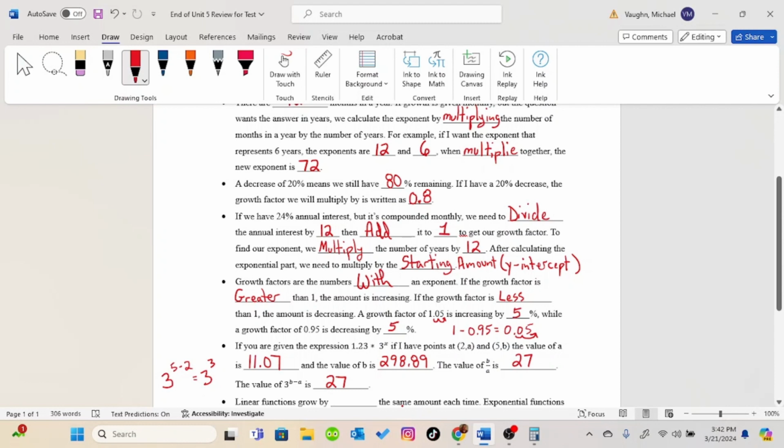So when I'm multiplying by the same starting amount, the ratio of the second y value to the first y value will be the growth factor to the power of the difference between the x values.